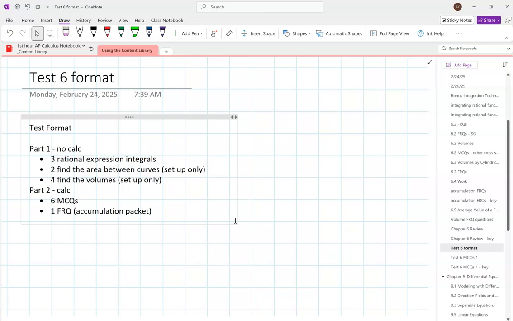And then we did have quite a bit of stuff that wasn't necessarily textbook, right? The rational expressions wasn't a textbook thing. I didn't use the textbook. I just gave you some examples and some techniques. And the accumulation problems aren't necessarily textbook specific, right?